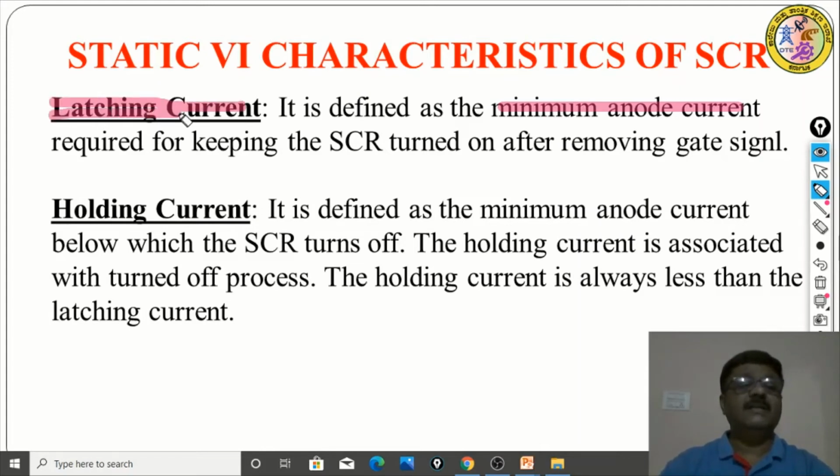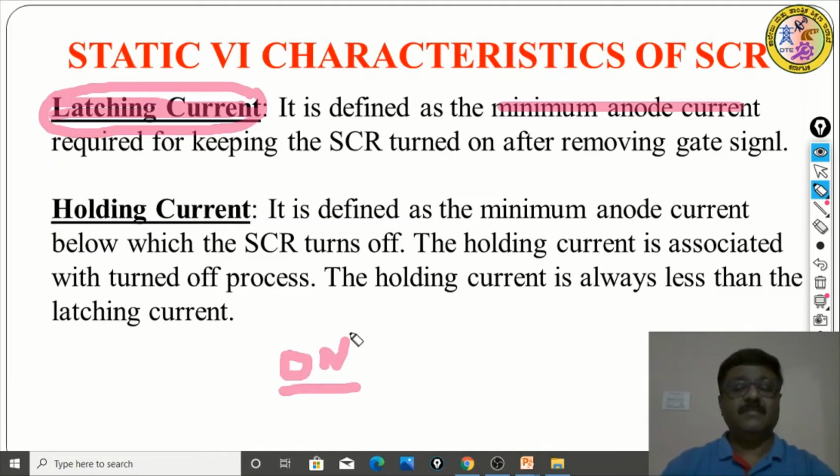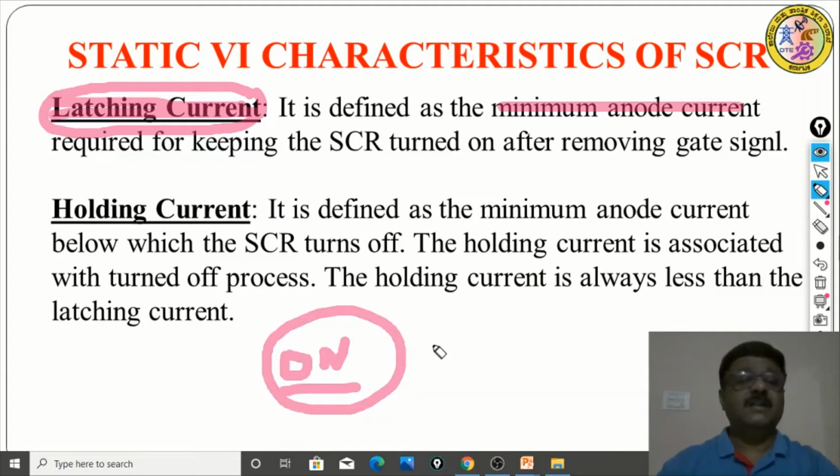Then only the SCR remains in latch condition. Otherwise, it will turn off. So this latching current is associated with the on state of the SCR. For the on state we need latching current. Means if I want to keep the SCR in on state without a gate signal, its anode current should be more than the latching current. So that is the theory behind that.